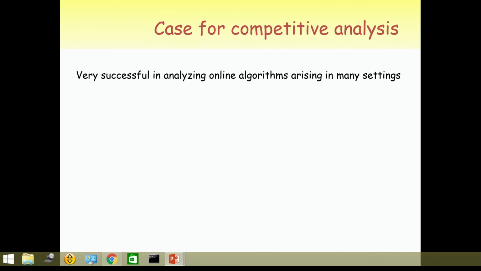So let me just review what the point is. The idea of using competitive analysis has been very successful in analyzing a lot of algorithms which are actually used in practice, like routing, network design, and so on.